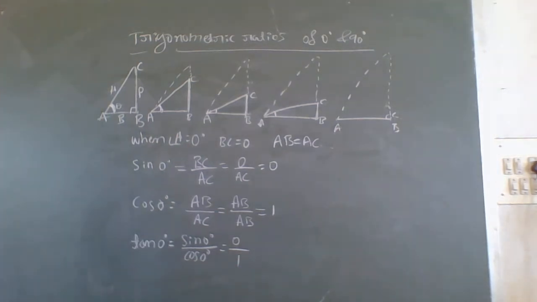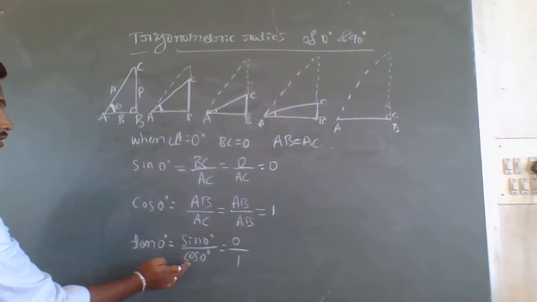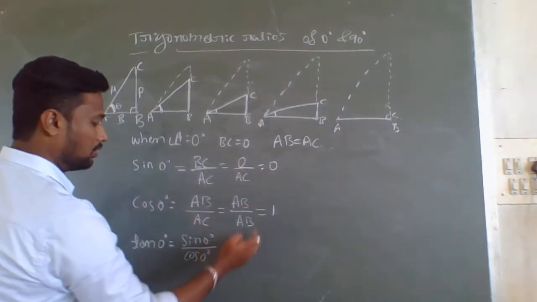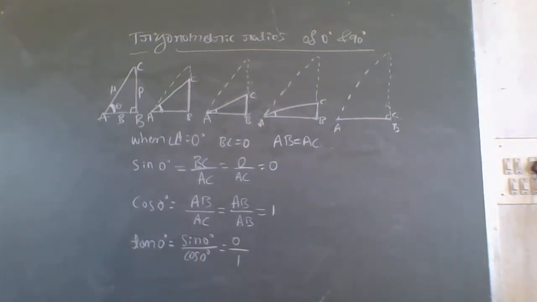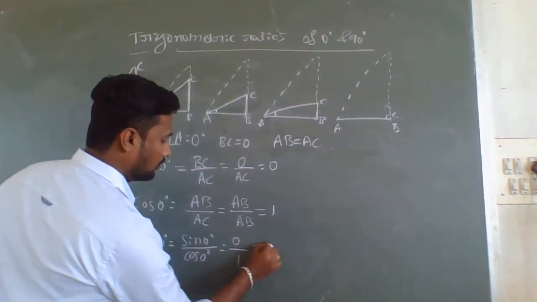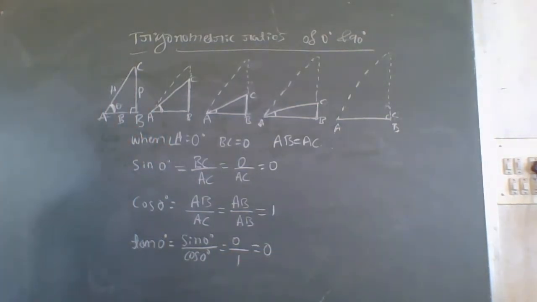So 0 by 1, what will we get here? Always 0 by anything equals 0. So tan 0 value is 0.